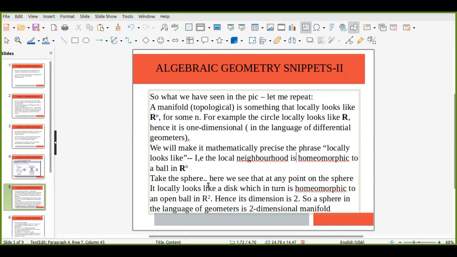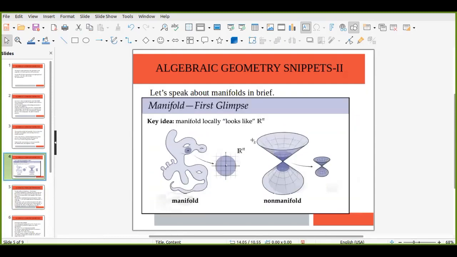So this arrangement of making the whole manifold look like Rn means that you have a union of local neighborhoods which are charts, and each chart has a corresponding homeomorphism to some disk in Rn, and need not be a disk also, but we are trying to make this picture clear for a beginner.